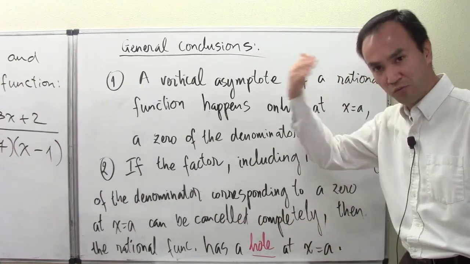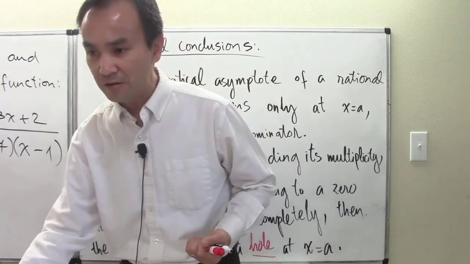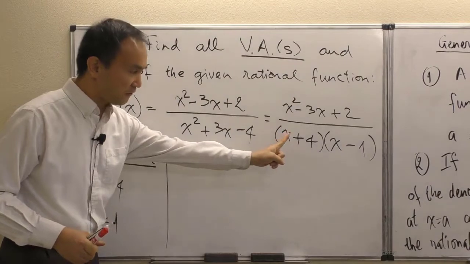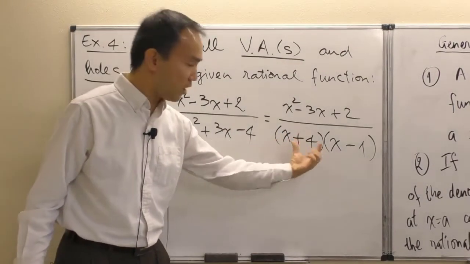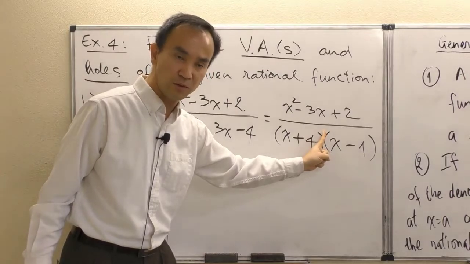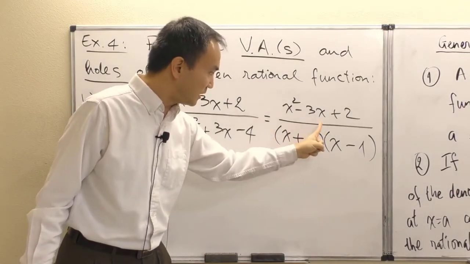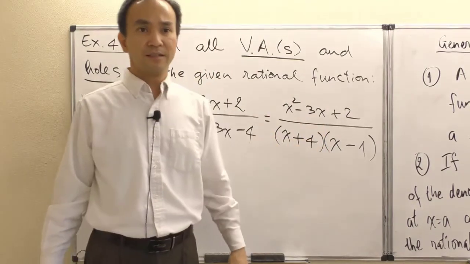So now we're currently looking at x equals -4. Let's identify the factor corresponding to that zero here: it is x plus 4. Together with its multiplicity, will this be cancelled completely? x plus 4 with multiplicity 1, will that be cancelled completely?